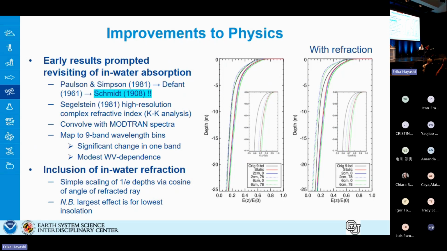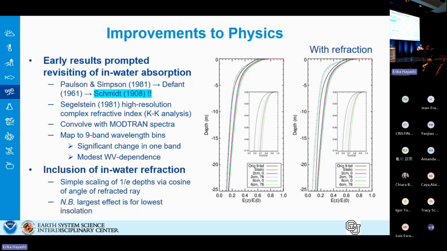And we thought, well, let's have a look at what's going on in the in-water absorption in the scheme, because really the first thing was just dealing with the Planck weighting in the atmosphere. And so we looked again at that, and Paulson and Simpson refers back to Albert Defant's book, which is a 1960 book.